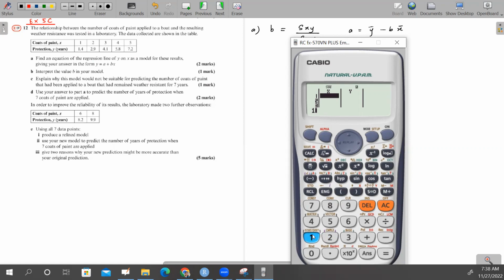So coats of paint, the x values: 1, 2, 3, 4, and 5.